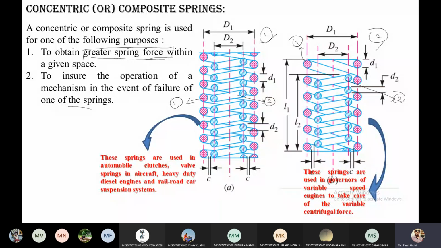Now, the second one is to ensure the operation of the mechanism in the event of failure of one spring. Suppose in some situation either this one or the second one fails. Suppose the first spring has failed.